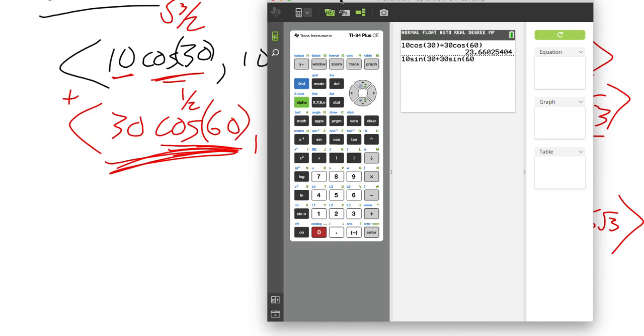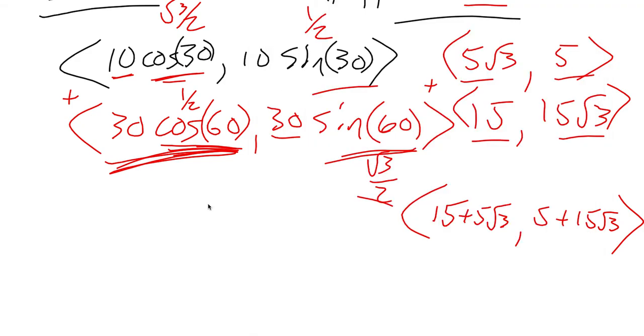Oops, if you notice here, I didn't put the parentheses in properly. And there we go. So we just added those two vectors, 23.66, 30.98. So our answer is 23.66, 30.98.